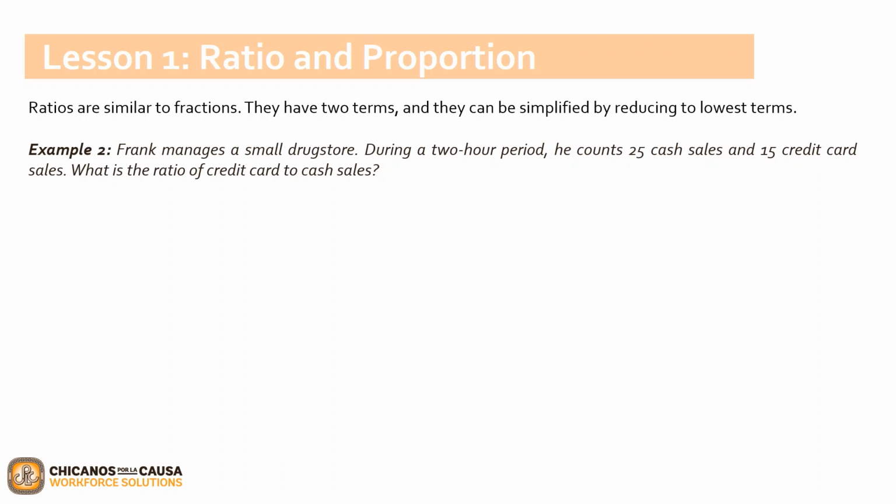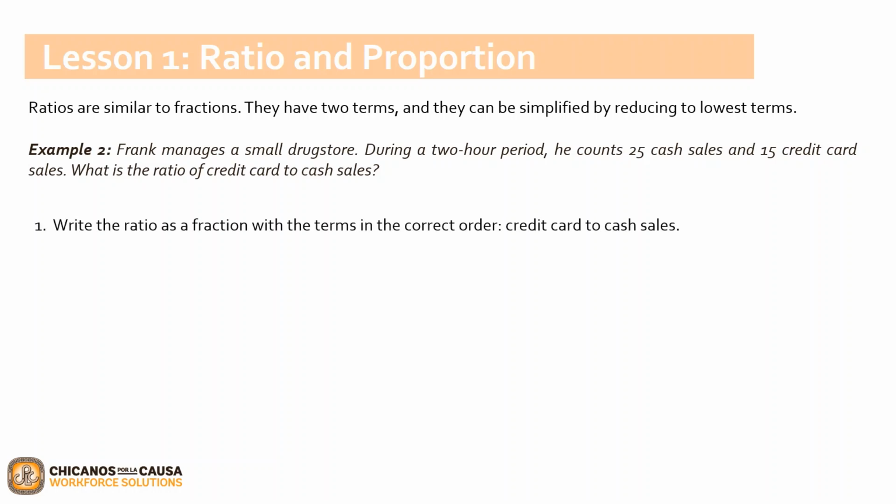What is the ratio of credit card to cash sales? First, to answer this example, we'd write the ratio as a fraction with the terms in the correct order, credit card to cash sales. So for credit card sales, we have the number 15 over cash sales, which is number 25, in fraction form.